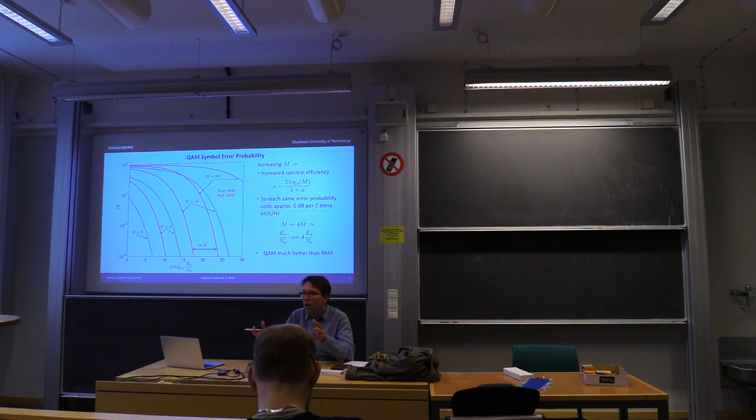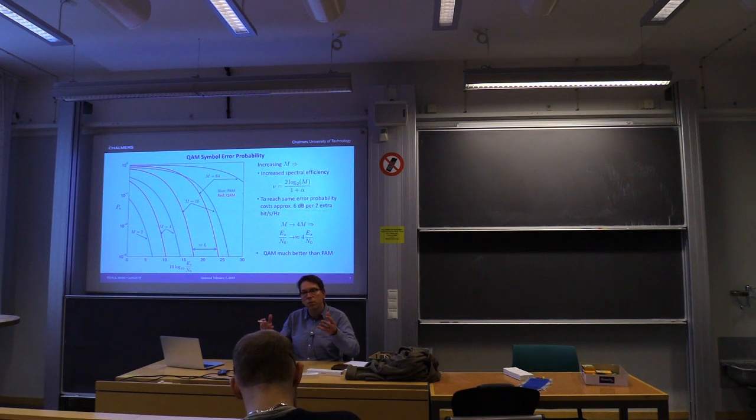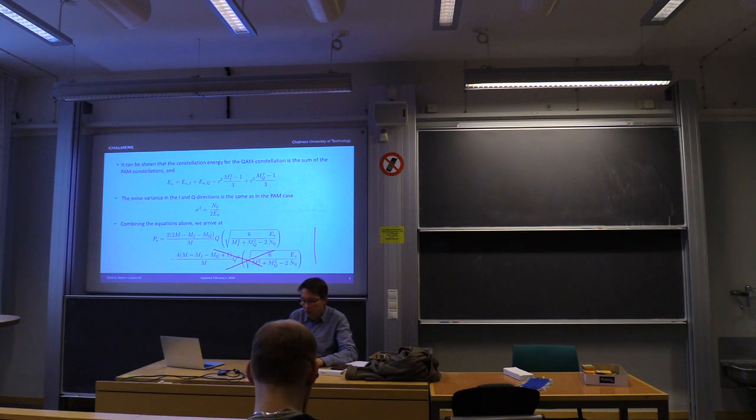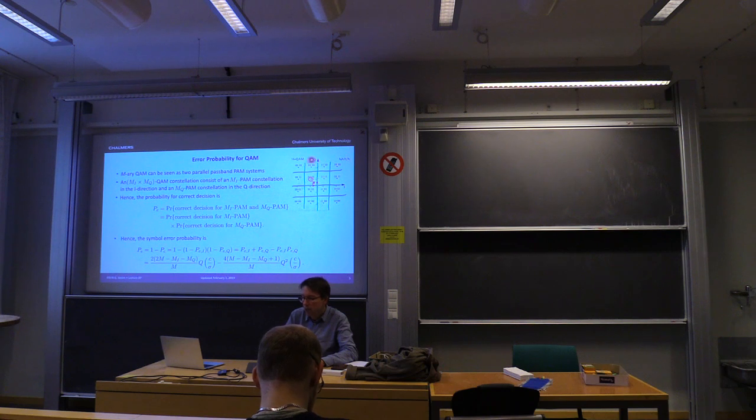Okay? So again, when one compares different modulation formats, one has to deal with both spectral efficiency and power efficiency at the same time. So I can get any spectral efficiency I like, but I will have to pay with power, and vice versa. Okay. So here, QAM is much better, and that's why it's used, right? So, I mean, this constellation here is just from the Wi-Fi standard, so it's a Wi-Fi constellation.